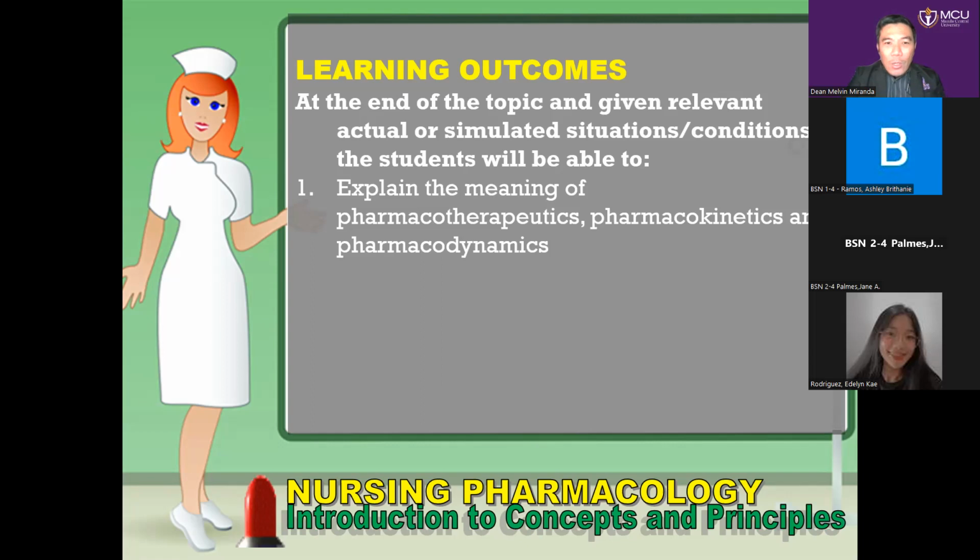Effects, action. Thank you so much for those who are participating with our questions, because your responses and answers are correct. If we talk about the process, meaning the dynamics, this is on how the drug is reacting to the body.